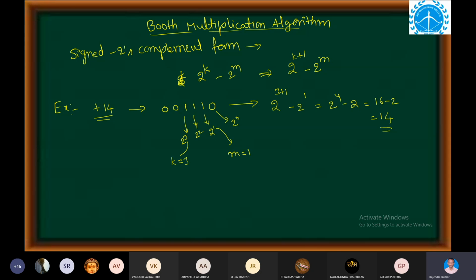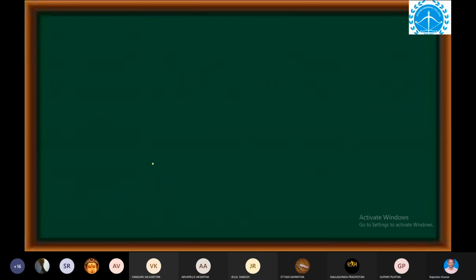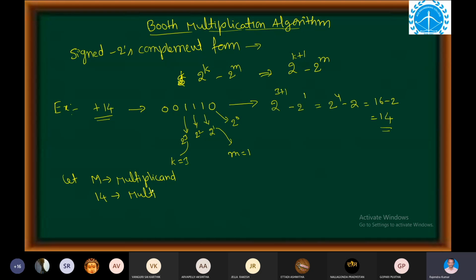For example, we take m as the multiplicand and 14 as the multiplier.